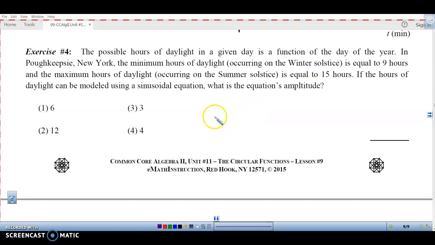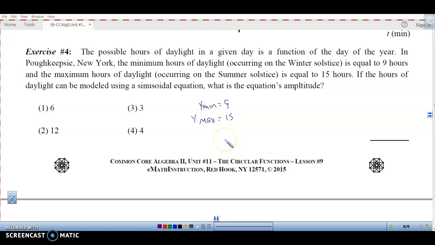Okay, now the amplitude, remember, is the height of the wave. So what's happening is the minimum is going to be at 9, and the max, y max, is going to be 15. So that means that the amplitude is going to be the distance to the midline when we do this.